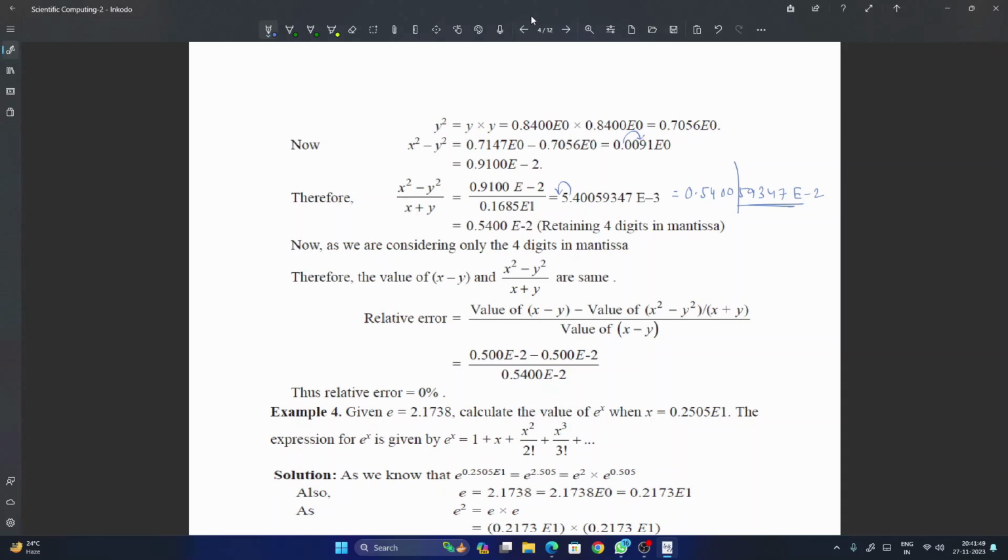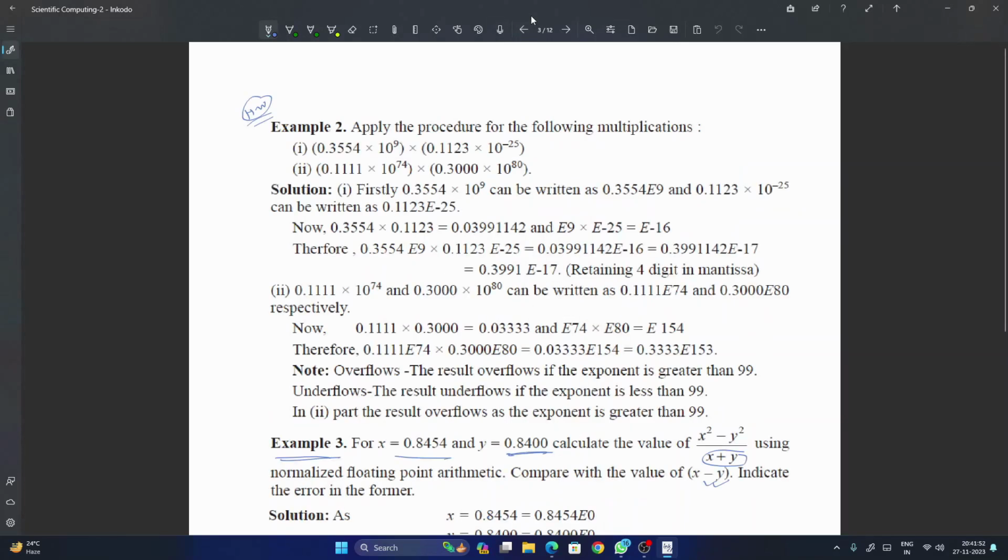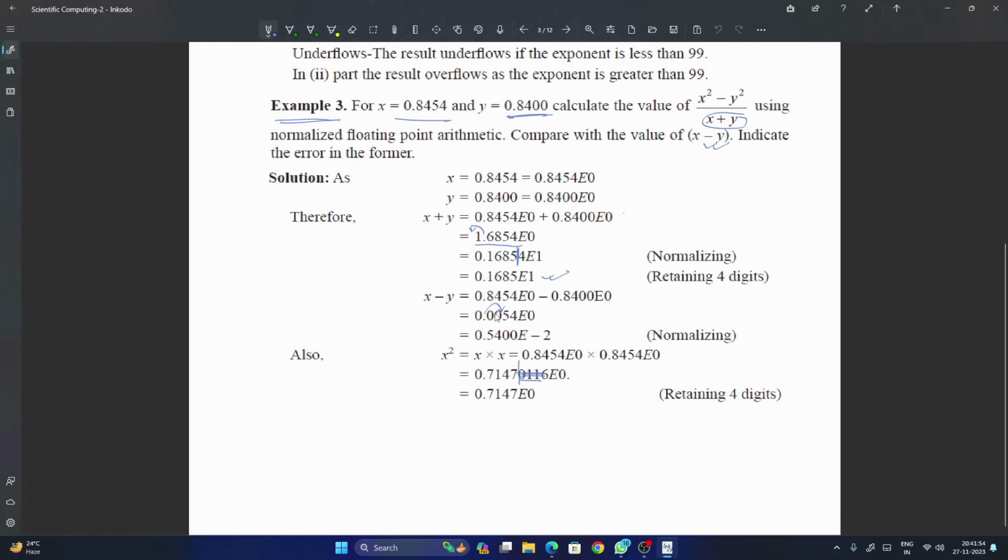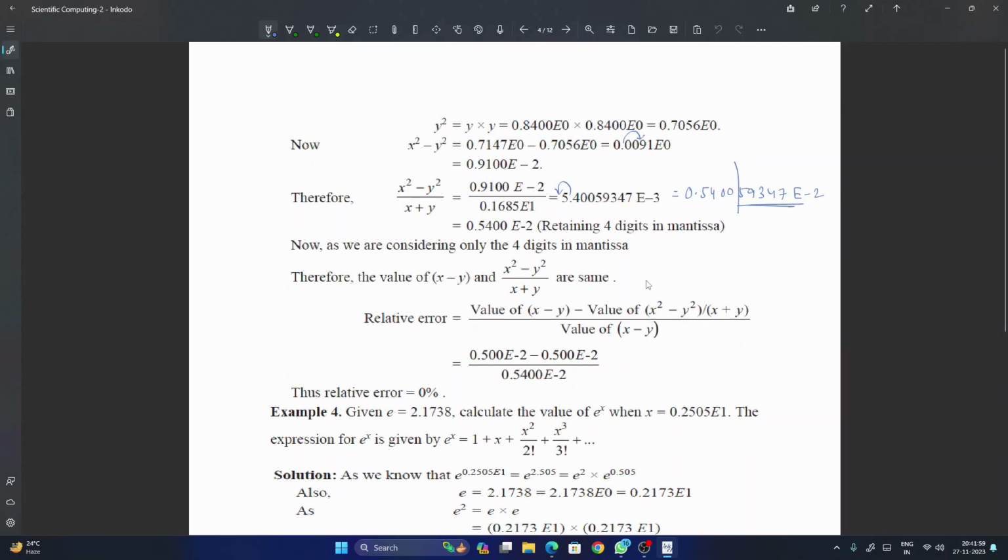So that's why here the relative error will be 0, because if you see the x minus y value on the previous page, it is also 0.5400 e minus 2, and in that machine also 0.5400 e minus 2, and for this machine these two values are the same. So the relative error will be the value of x minus y minus the value of the second expression, divided by the value of x minus y, which we have taken as the original or good value. But for these numbers, the relative error will be 0.